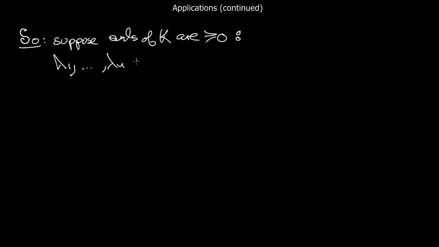So let's suppose that all of the eigenvalues of k are greater than or equal to 0, and if you list them as lambda 1 through lambda n, then these omega i's are the square roots of these.